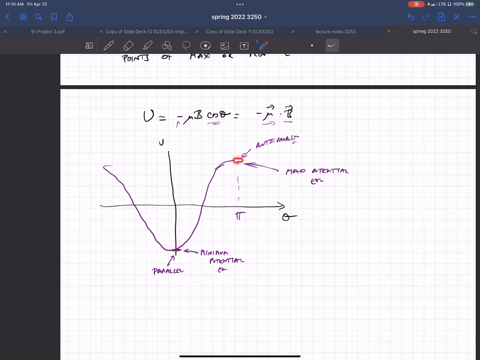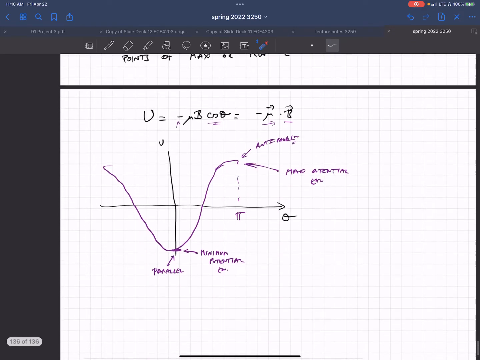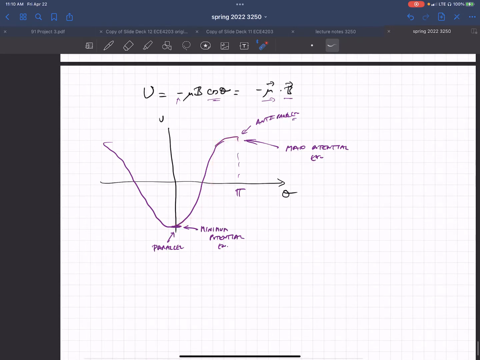The other is if the loop is rotated around, so this A is pointing down, away from the B. If it gets a small disturbance, it's going to change its energy quite a bit, going from max to min very quickly.